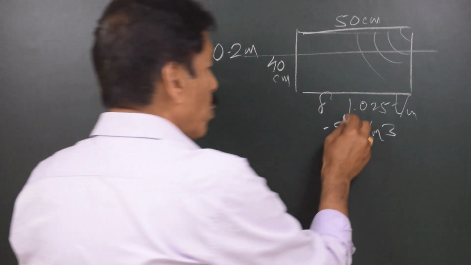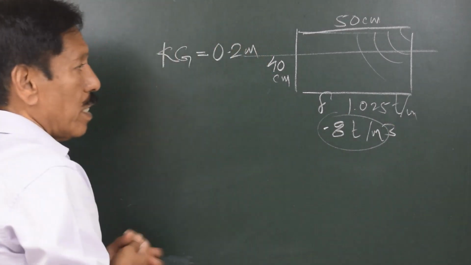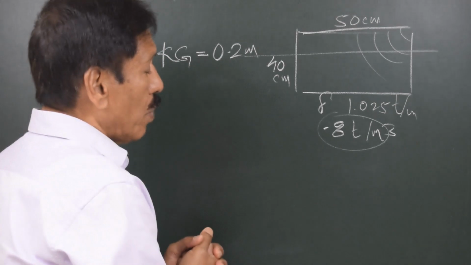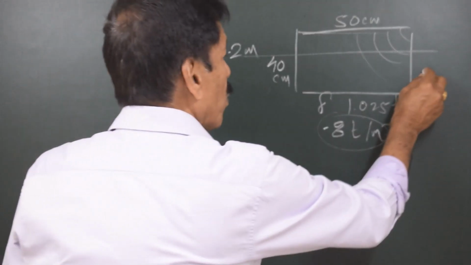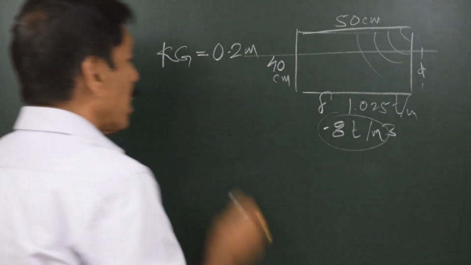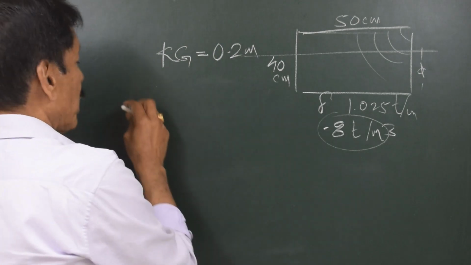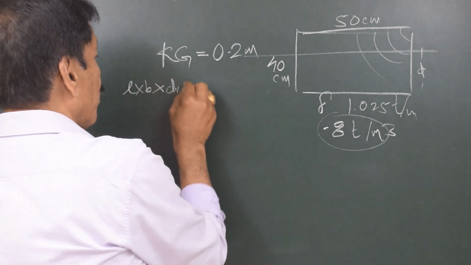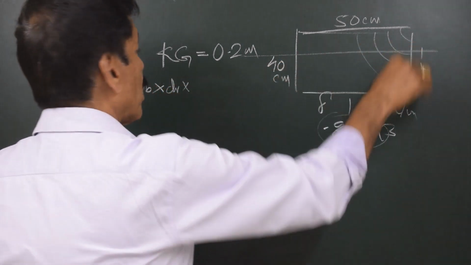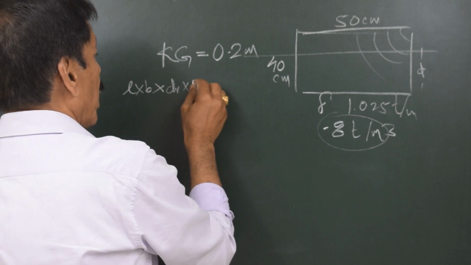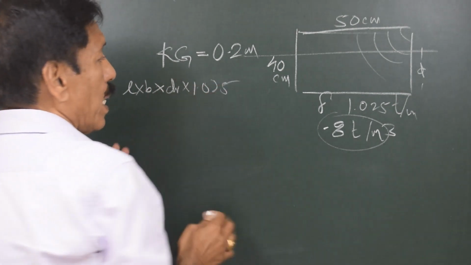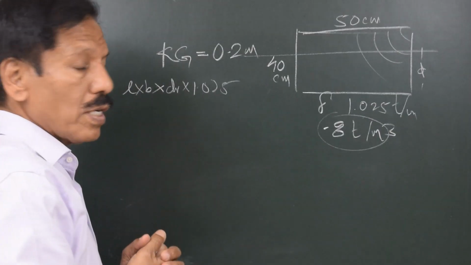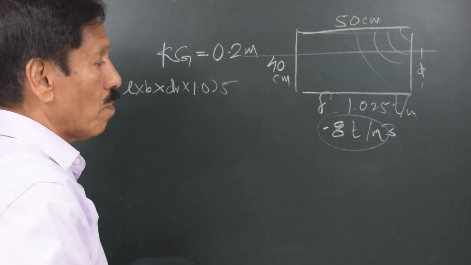If we know the density of the log and the density of the liquid in which the log is floating, we should be able to find out the draft. So let us find out what is the draft. By first principle, length into breadth into draft, that is the submerged portion, multiplied by 1.025 is actually the mass of the liquid that is displaced by the submerged part of the log.